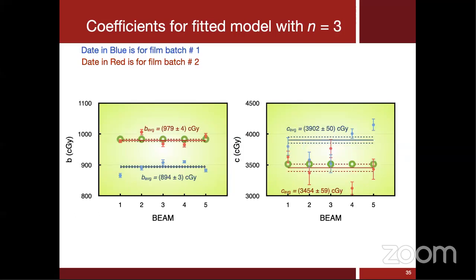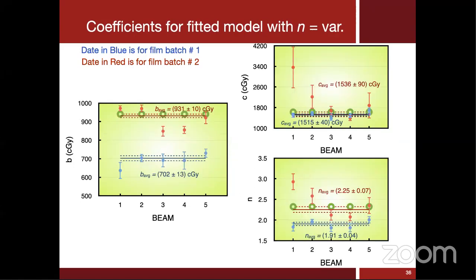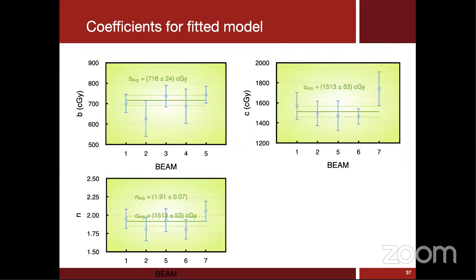This is when N equals 3. Again, we did the fit with the program. And this is when N, I think, was variable. There are a few outliers and so on, but at the end, they really don't matter in the dosimetry itself. Here, for example, these are the coefficients.